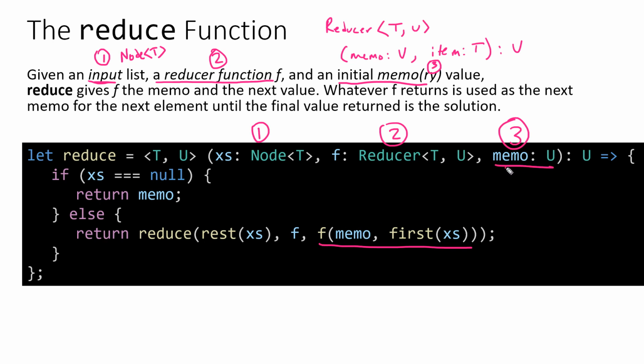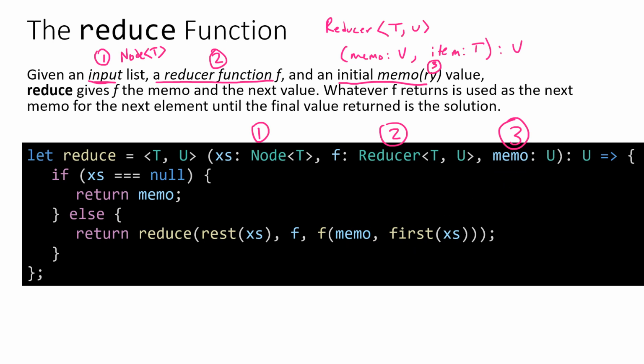Notice it's taking the current value of that parameter and the next value of the list that we're going to process, and computing the next step of this computation, right? So if this was sum and we had a list of 1 and our initial memo was 0, we would be adding 0 plus 1, and then the next time we recurred, that value 1 would be passed into memo, and that would be the base case.